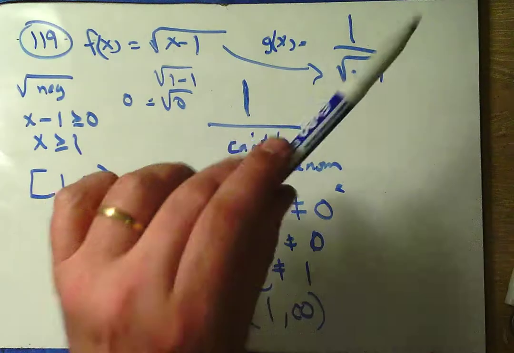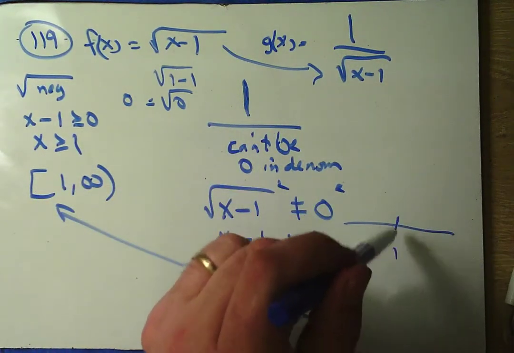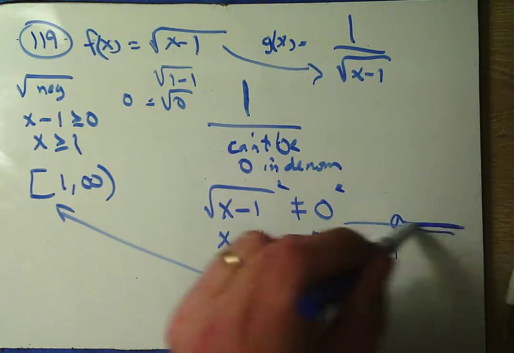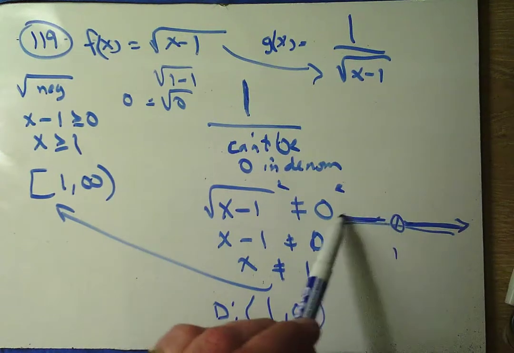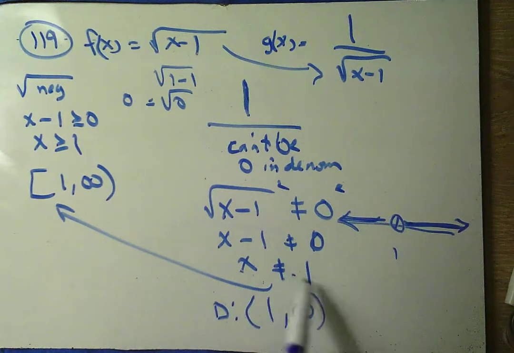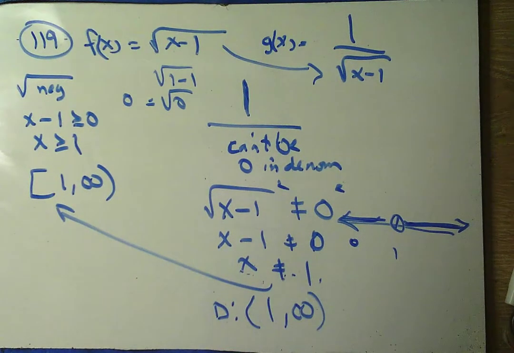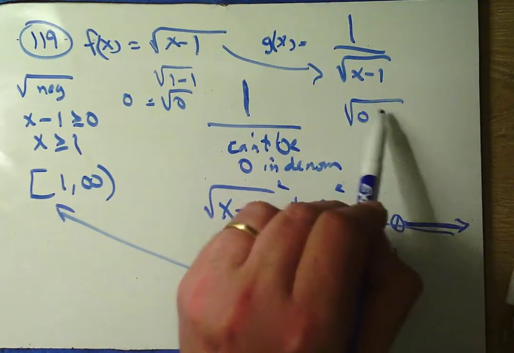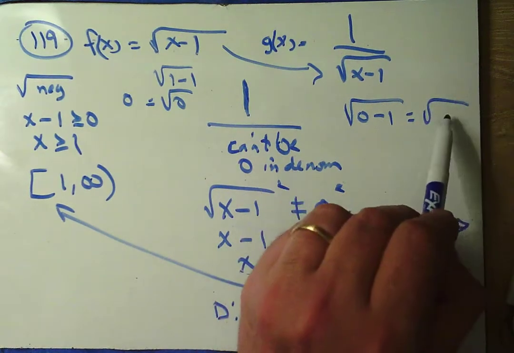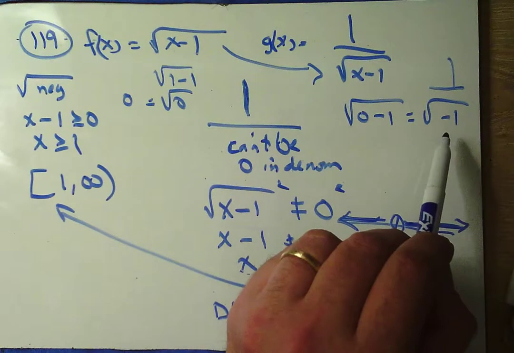Now, some people might be saying, well, Mr. Kukla, the only number you can't have is 1. I remember doing these domain problems. Why are you saying only over here? Shouldn't the answer be these numbers as well, because only x can't be 1? Well, let's think about that for a second. Let's test a value over here like x equal to 0. What happens when you plug a 0 in here? You get square root of 0 minus 1, which is square root of negative 1. Is that a real number? Nope.